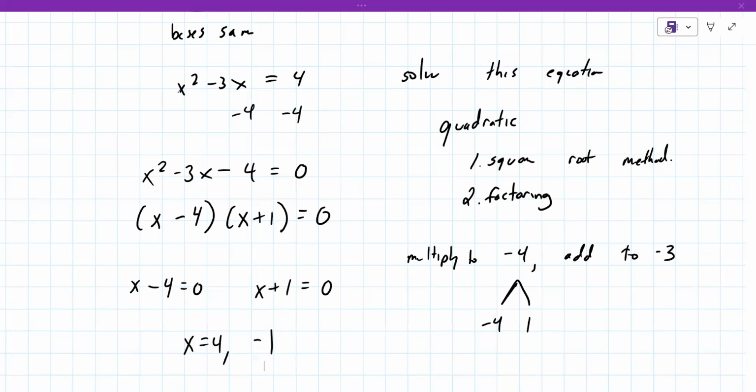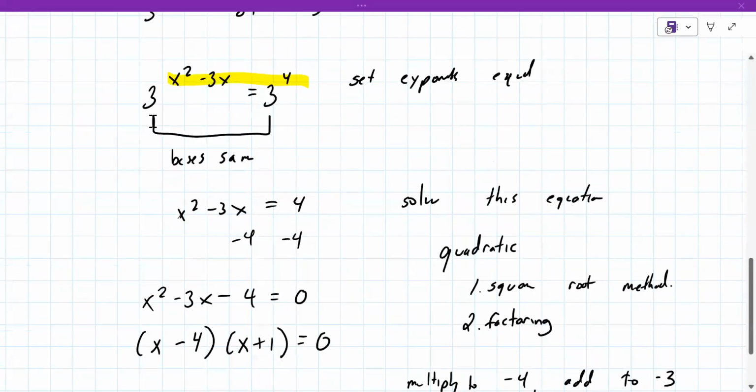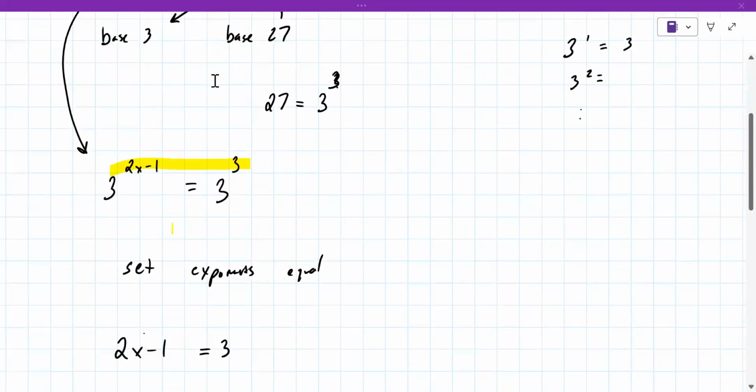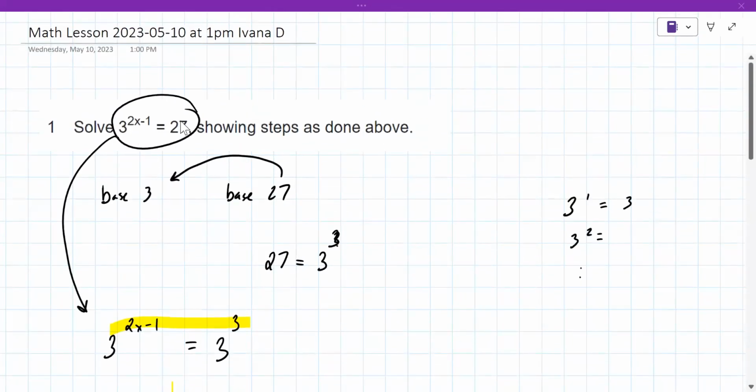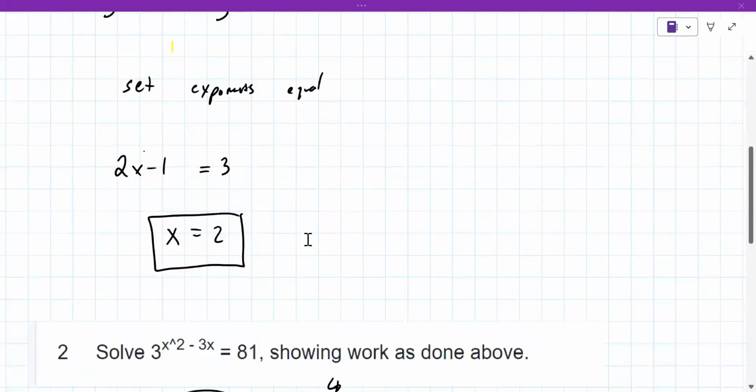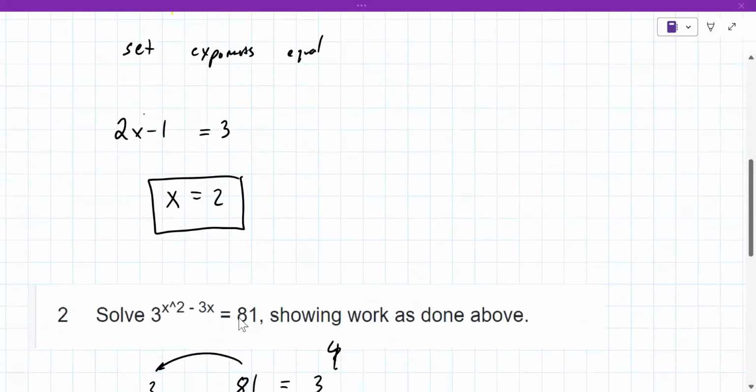Any questions on that before we move to number 3? Nope. All right, good. So just to review, because the next problem is really similar to the first two. In both the first two problems, we take the larger number and rewrite it as base 3. In this case, we wrote 27 as 3 to the power of 3. In problem 2, we set 81 as 3 to the power of 4.